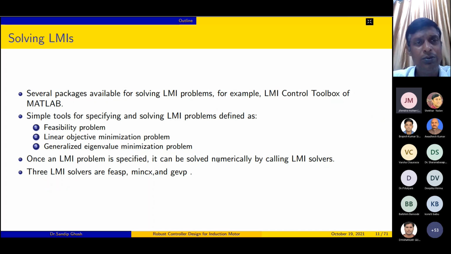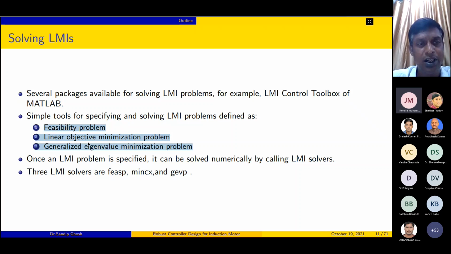One such toolbox is the LMI control toolbox of MATLAB. Other MATLAB-based packages are also available, and in them you can solve several sorts of problems that appear in control design. In general, three optimization problem solvers are embedded in this toolbox. The first is the feasibility problem, which finds whether a solution exists for such an inequality.